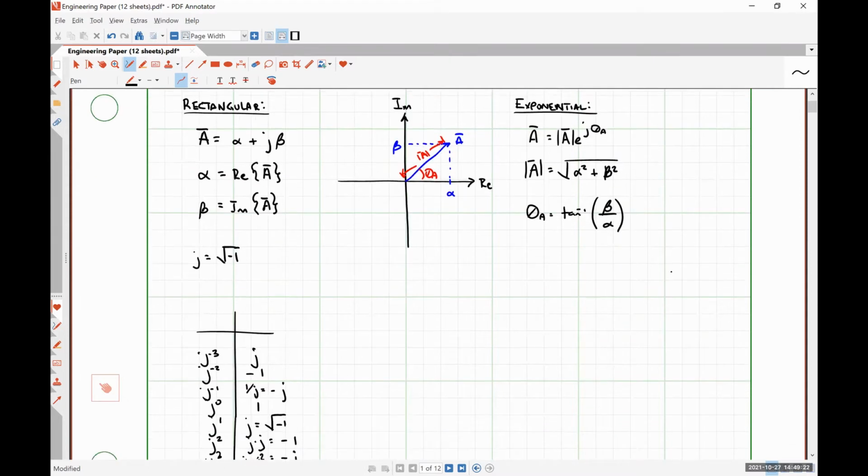I'm going to draw another complex plane here just real quick. And let's say that we have a complex number A that is 4 units in the real direction and 3 units in the imaginary direction.